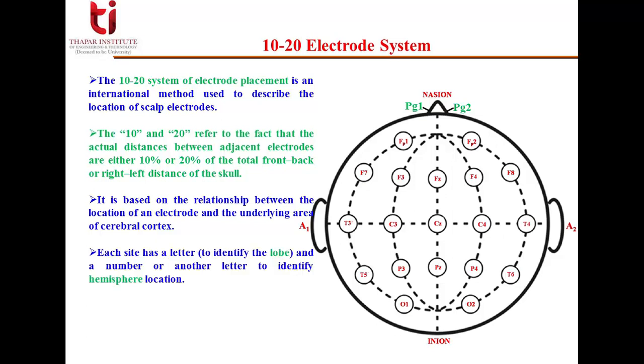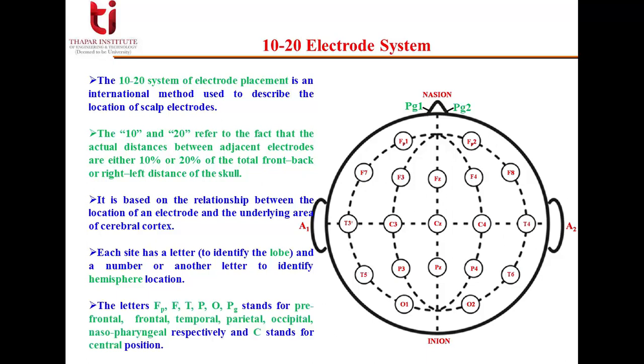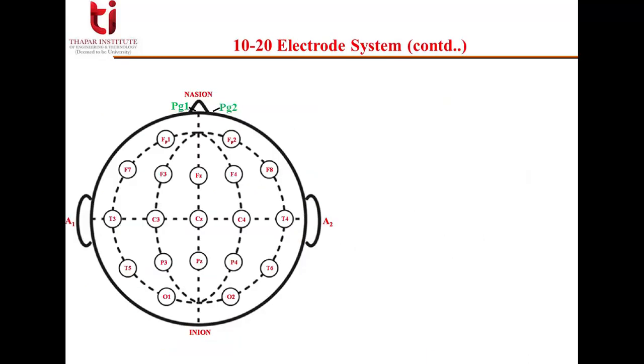Each site has a letter to identify the lobe. If you remember, we discussed the lobes of the hemisphere in the last lecture. A number or another letter identifies the hemisphere location. The letters FP, F, T, P, O, and NP stand for prefrontal, frontal, temporal, parietal, occipital, and nasopharyngeal respectively, and C stands for the central position.